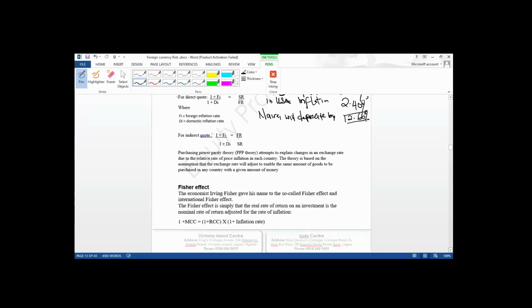The Fisher's effect argues that the differences in exchange rates between two currencies is because of differences in inflation rates.